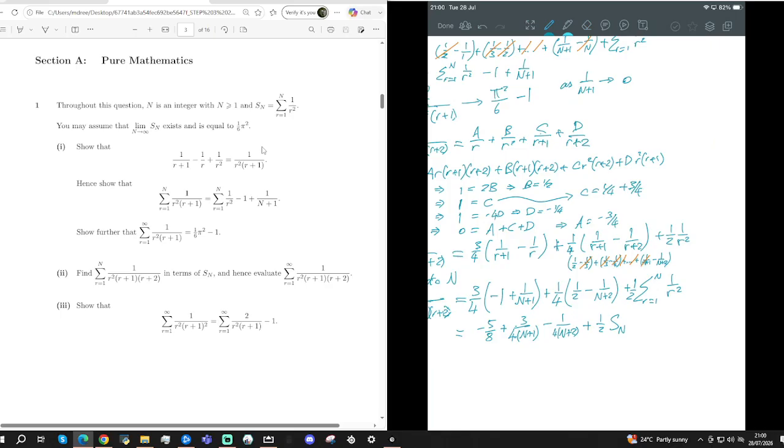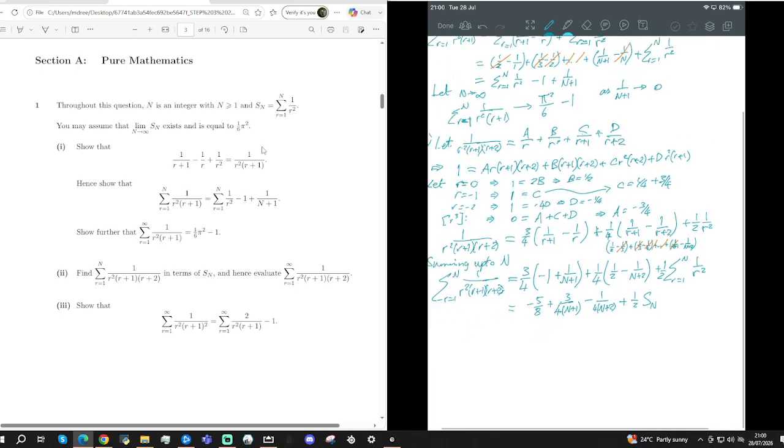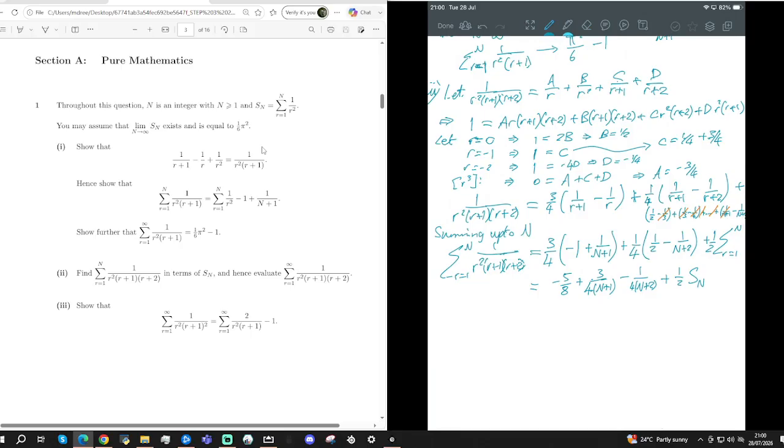And we now want to evaluate the limit as n tends to infinity. So as n tends to infinity, the 3 over 4 n plus 1 goes to 0 for the same reason described before. The 1 over 4 lots of n plus 2 goes to 0, and Sn goes to pi squared on 6.